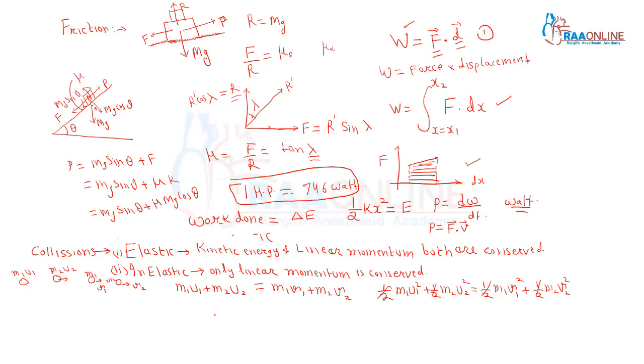Two unknowns, two equations. Tough to solve. What are we going to do? Collect m1 on this side, m2 on that side. Same in that equation, collect m1 on this side, m2 on that side.